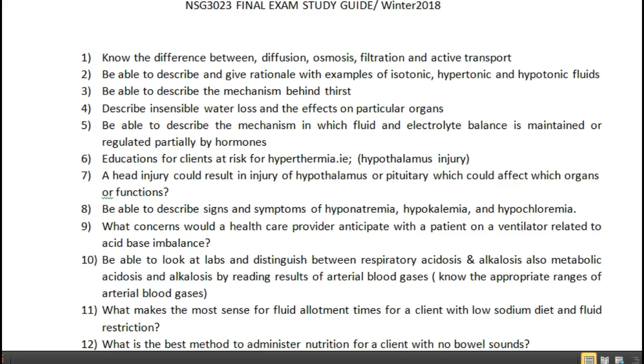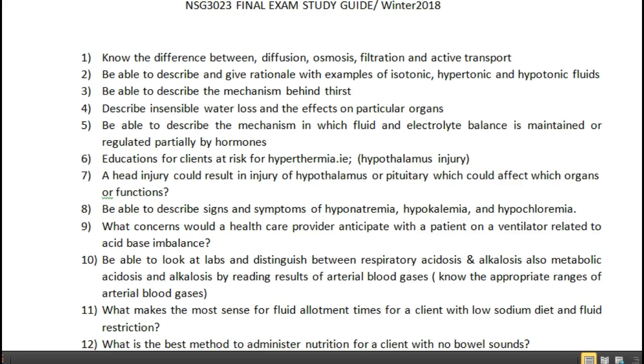And what it's doing is causing them to release antidiuretic hormone. When you have antidiuretic hormone stimulation, a patient will experience a decrease in urine output. So if you have antidiuretic hormone released, a person will hold on to that.